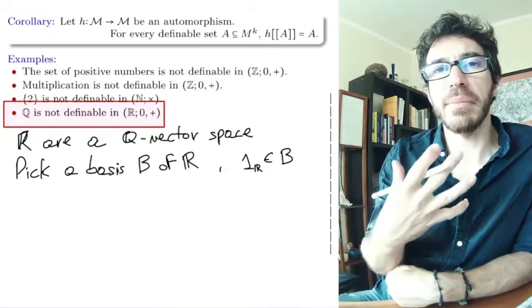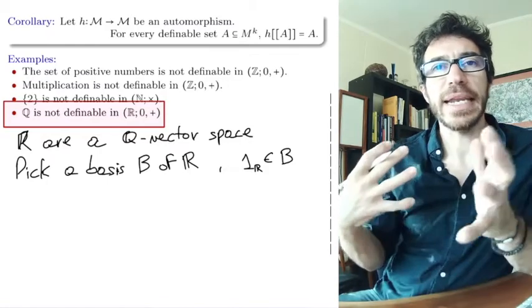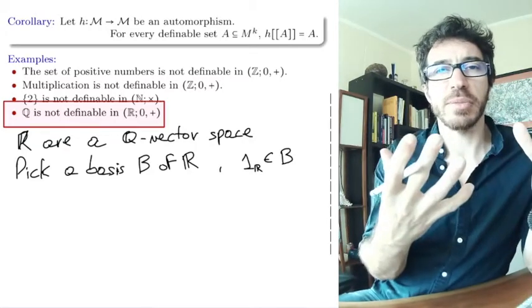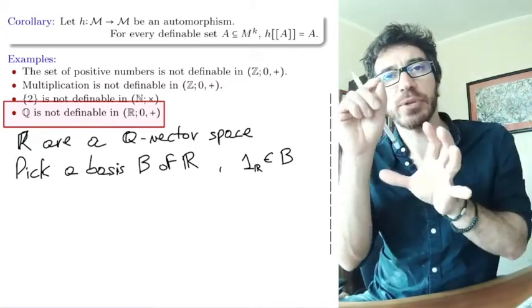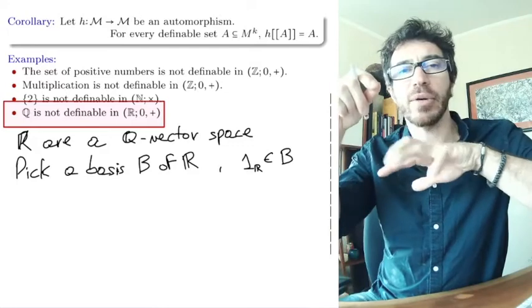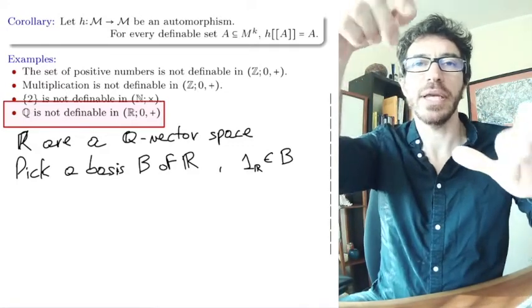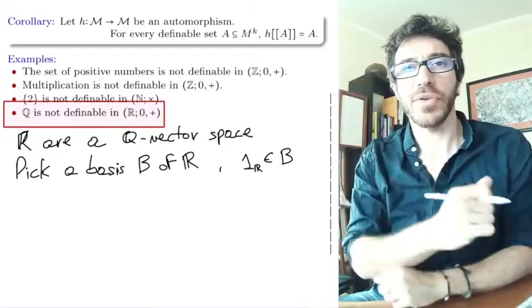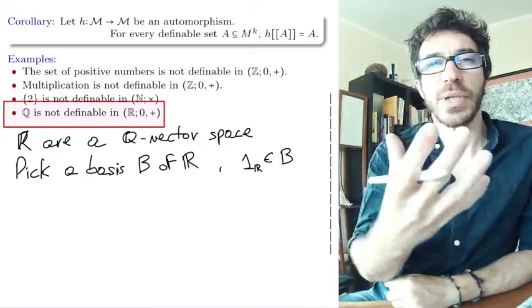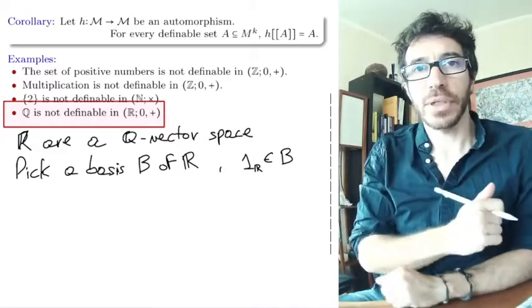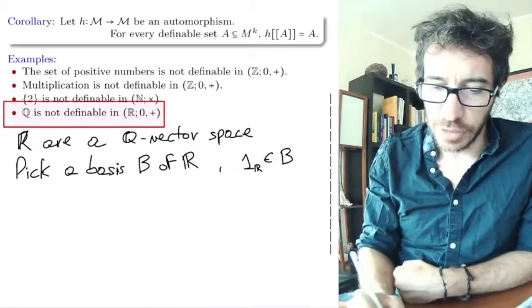Remember from linear algebra that any permutation of the basis induces an automorphism of the structure, because every element can be written in a unique way as a linear combination of the elements of the basis. If you permute the basis, you permute the combination, so every map from one basis to another gives you a map from all the vectors to all the vectors.